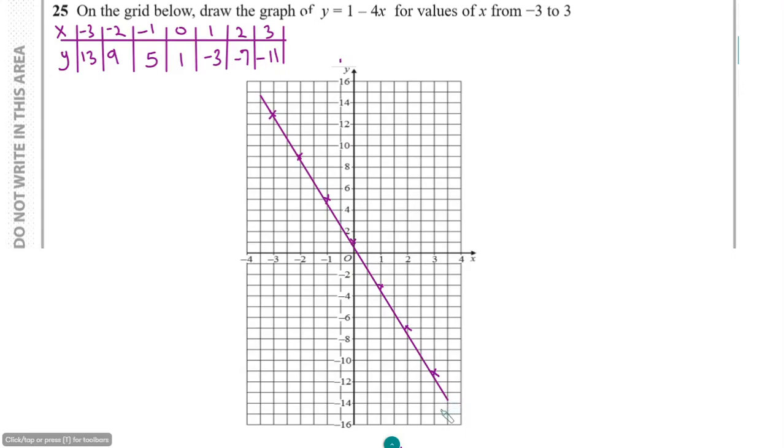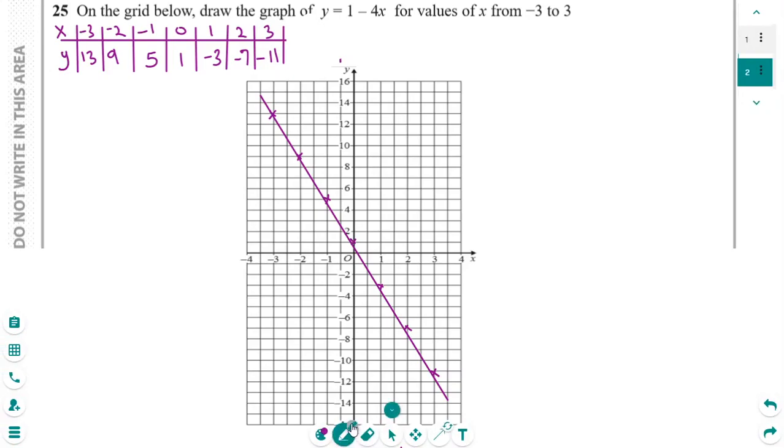So that's it. What we're going to do next is label the line. The equation of the line is y equals 1 minus 4x. And so we move to the next question.